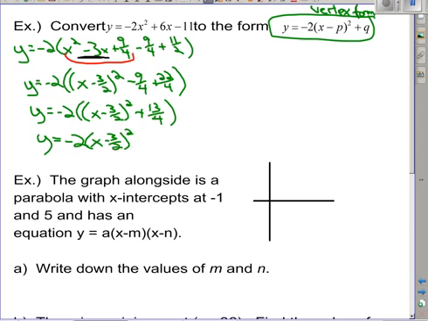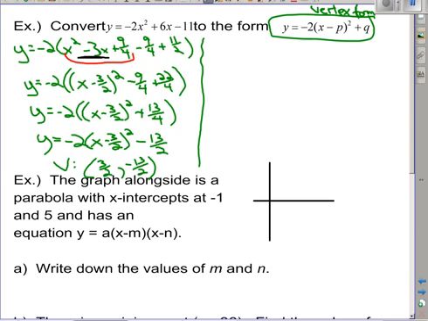That'll give us -13 over 2, meaning we've got a vertex here at 3 over 2, -13 over 2, or -6.5. Okay, that's one way of doing that, completing the square.